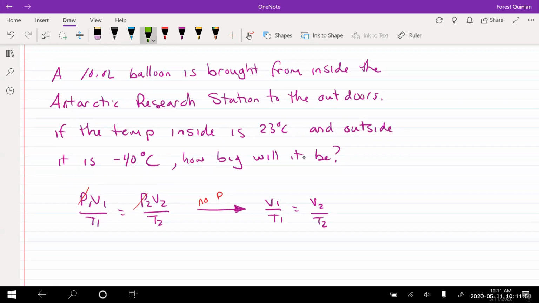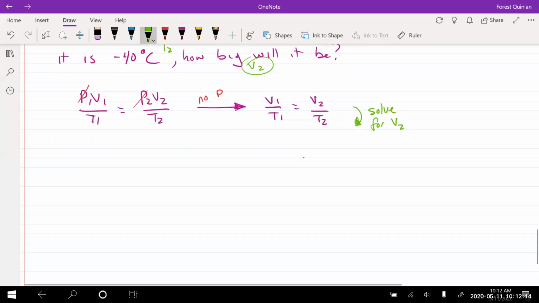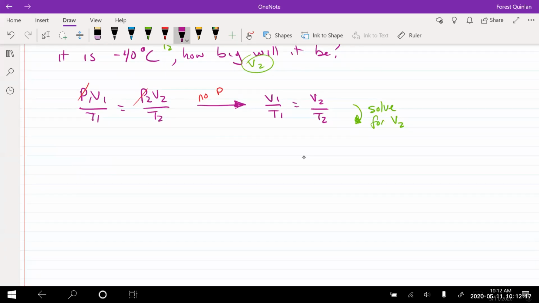We have a balloon that is V1 big, and it goes from a T1 to a T2. And of course, how big? We're looking for that V2, so we solve for V2. Okay, so now we have V2 is equal to V1 T2 over T1.